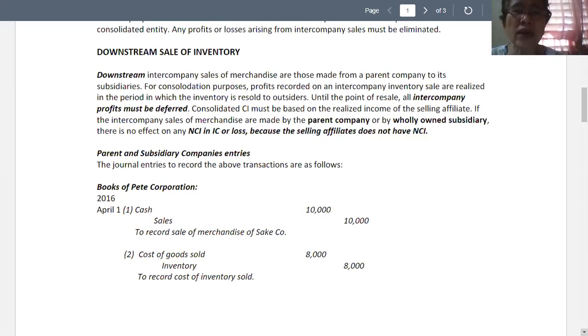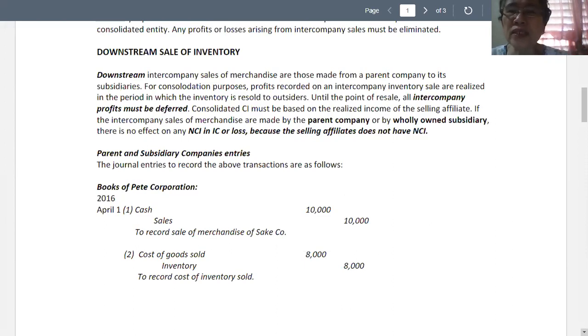Consolidated comprehensive income must be based on the realized income of the selling affiliate. If the intercompany sales of merchandise are made by the parent or by the wholly owned subsidiary, there is no effect on any non-controlling interest in income or loss, because the selling affiliate does not have non-controlling interest.